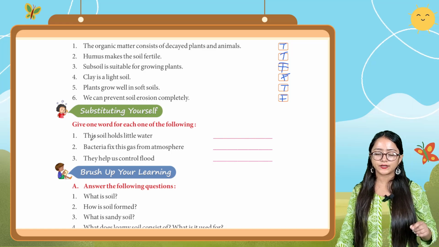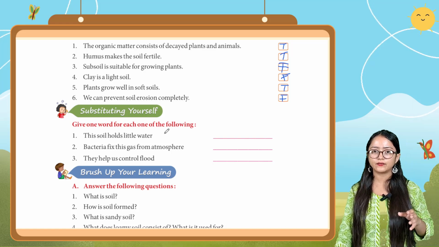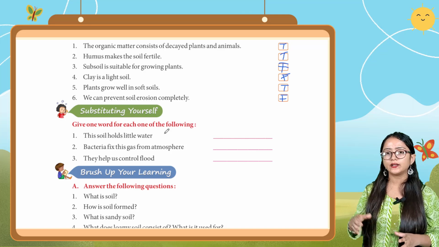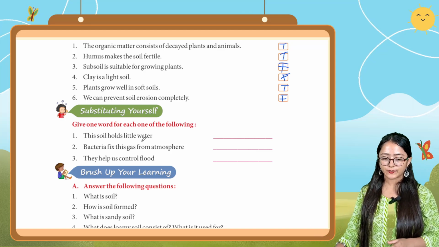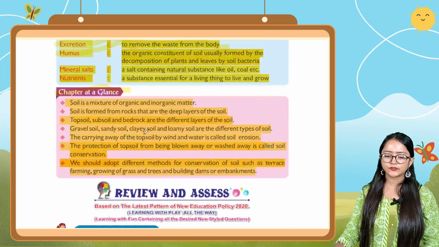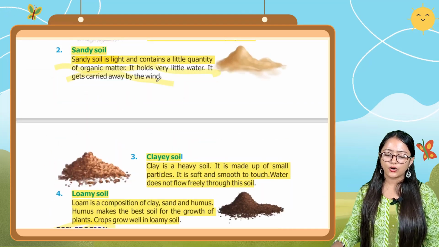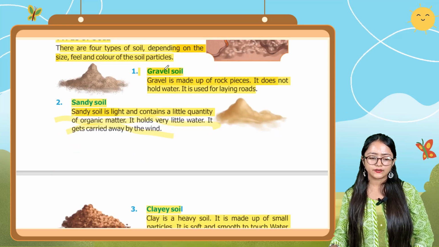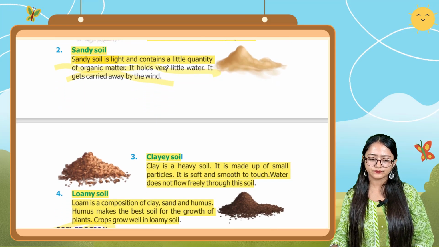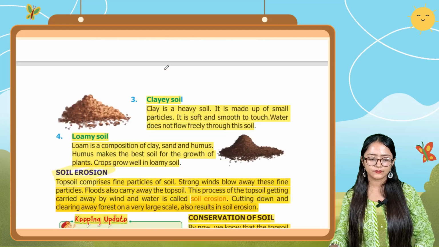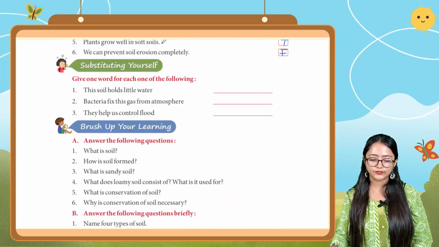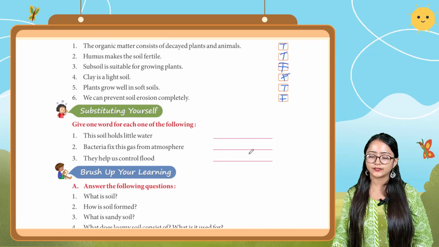So the first one is, this soil holds little water. It is saying this soil holds little water. Okay. So which type of soil hold little water? Is it loamy? Is it sandy? Or is it this one, gravel soil? So this one is sandy soil. So you have to write sandy soil in this blank in the first one.